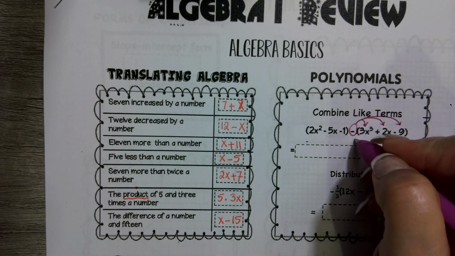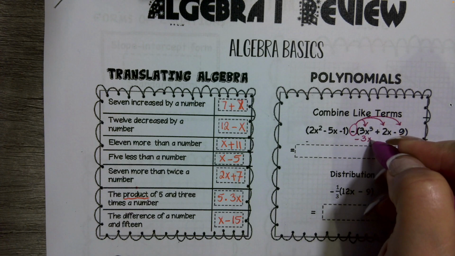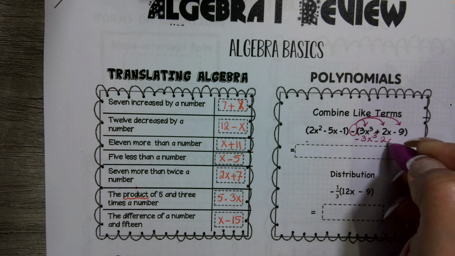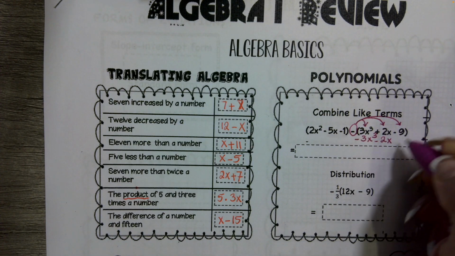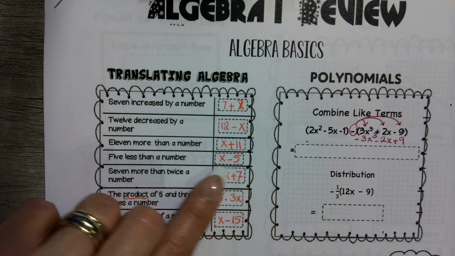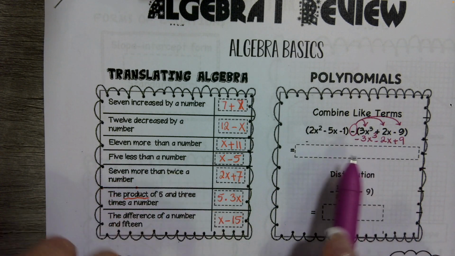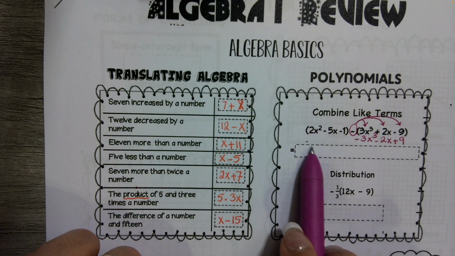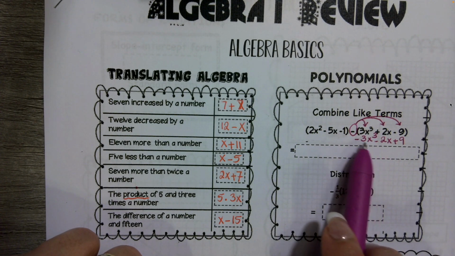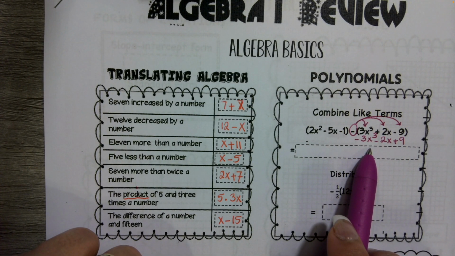So that would change to -3x to the third, -2x, and negative 9 becomes positive 9. So therefore, when you add like terms here, you see that 2x to the power of 2, there's only 1 left. Same as -3x to the third. We don't have any like terms of these two.